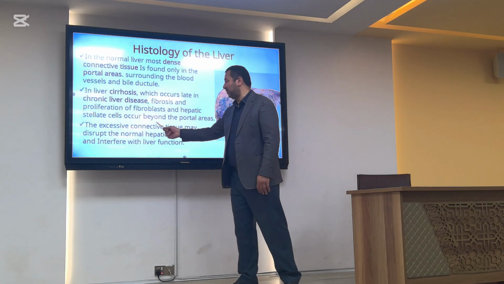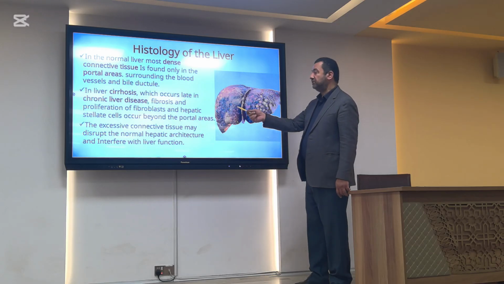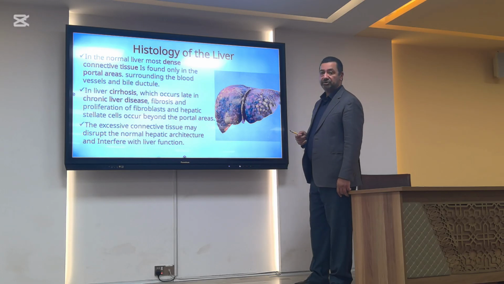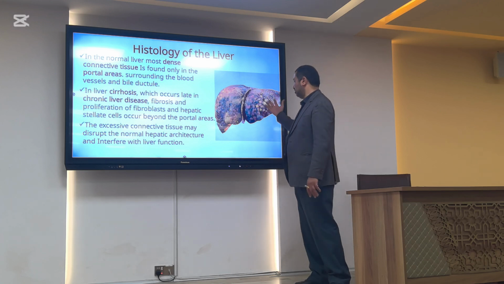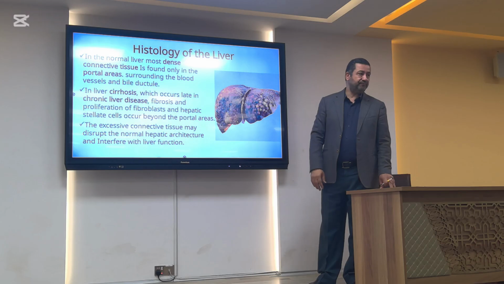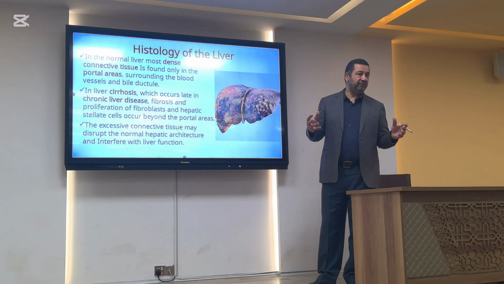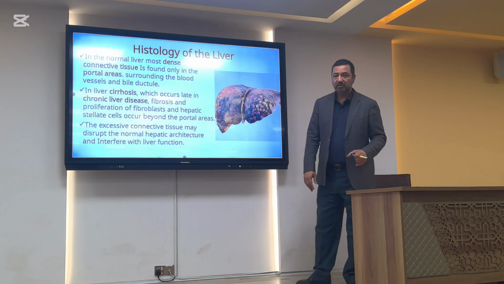The excessive connective tissue may disrupt the normal hepatic architecture and interfere with liver function. You see here, this is liver cirrhosis. Okay, fibrosis of the liver is called liver cirrhosis.